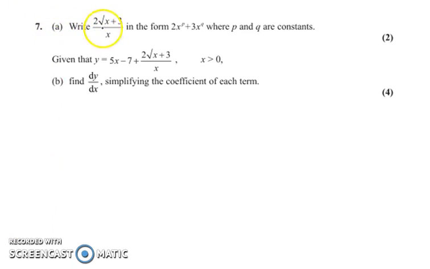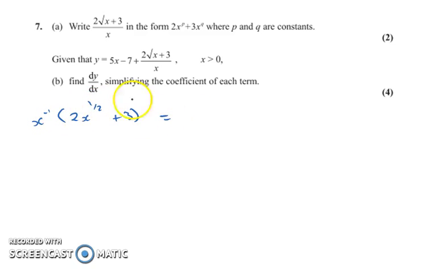Okay, question 7 leads you into it nicely. It actually says write it out where you have just x's in the numerator, nothing in the denominator. So we have x to the minus 1 multiplied by 2x to the half, add 3. We multiply that out.